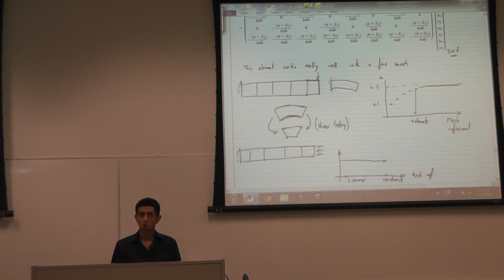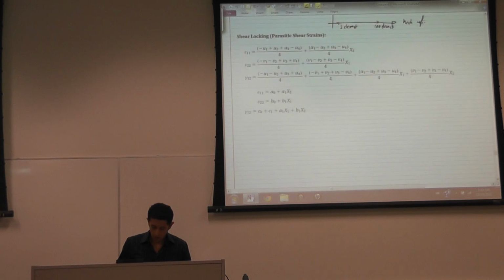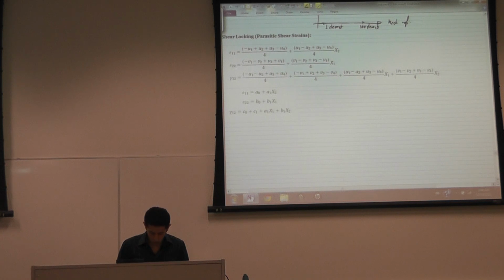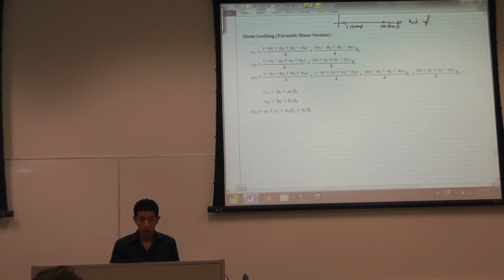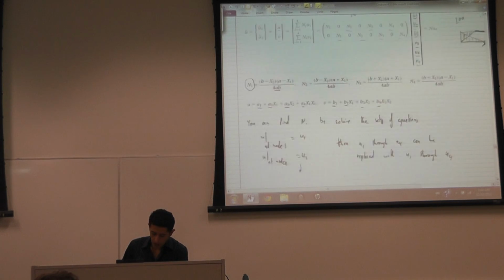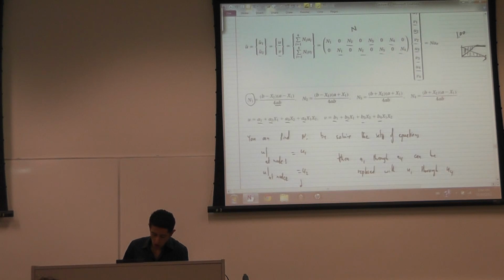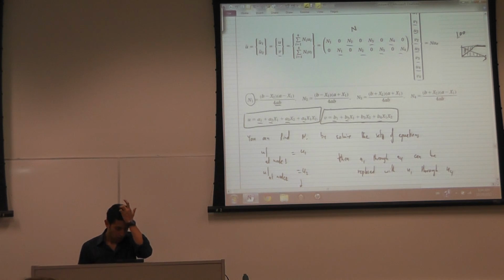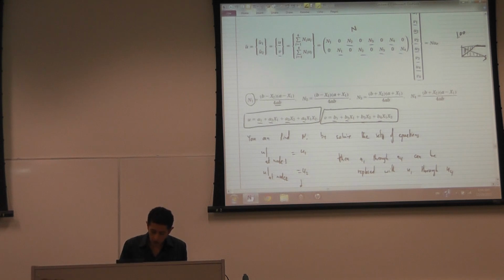The reason why it's called shear locking is because of the following. Let's look at the possible displacement shape. I'm just going to look at this and this, and try to find what epsilon 1 is.